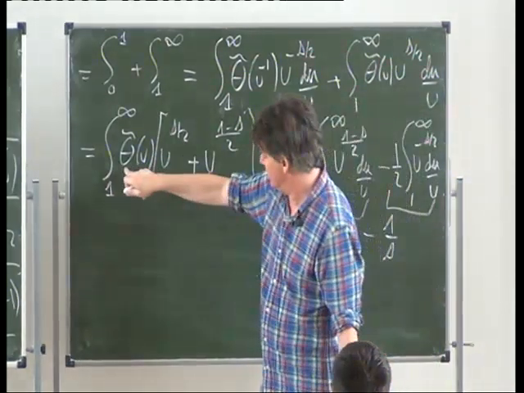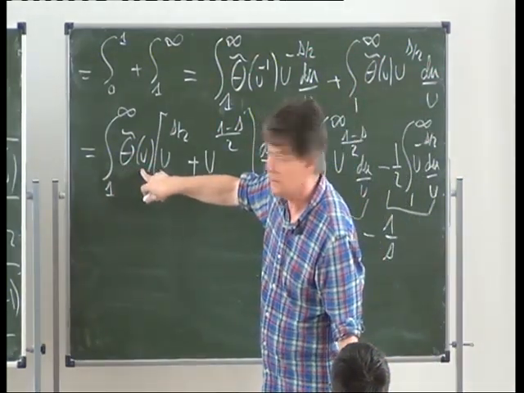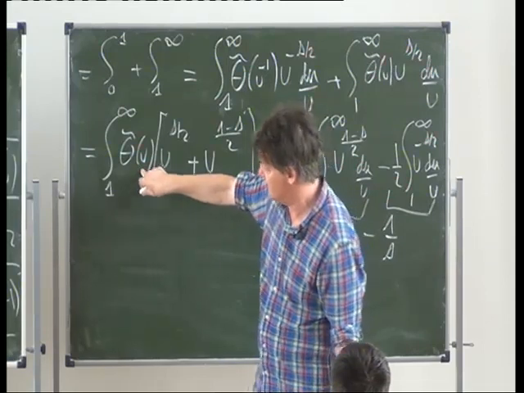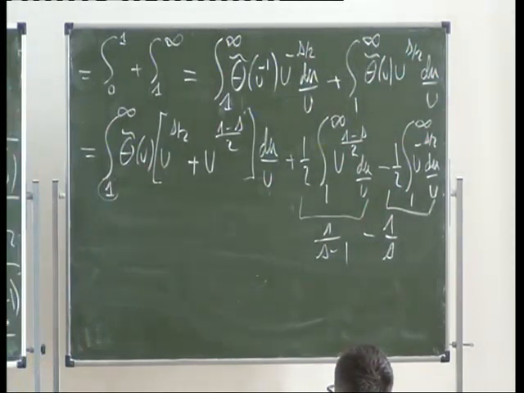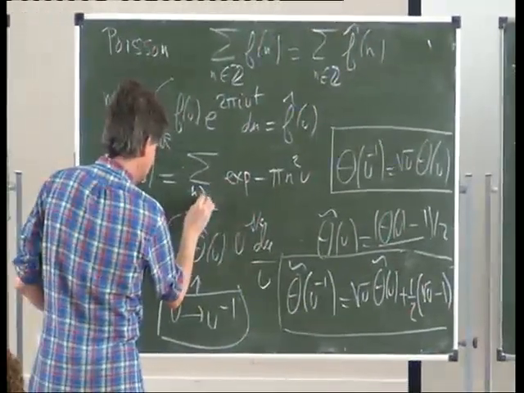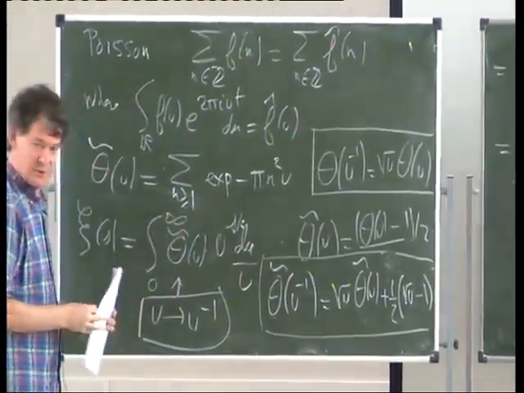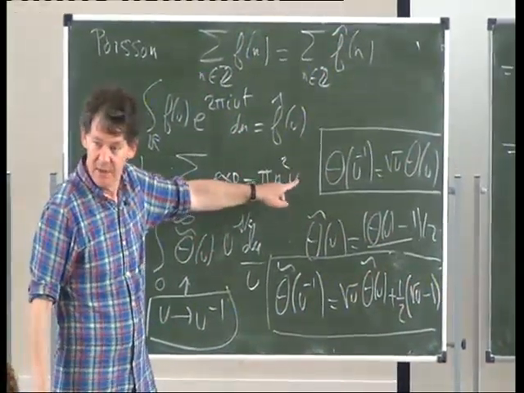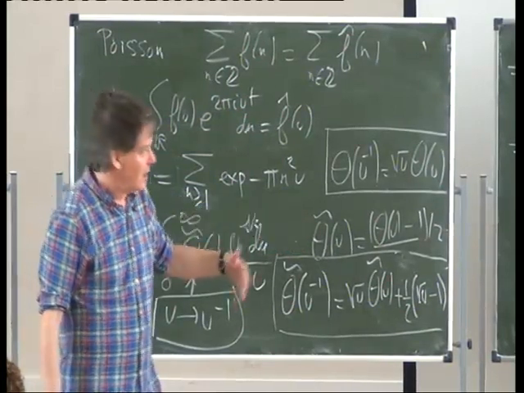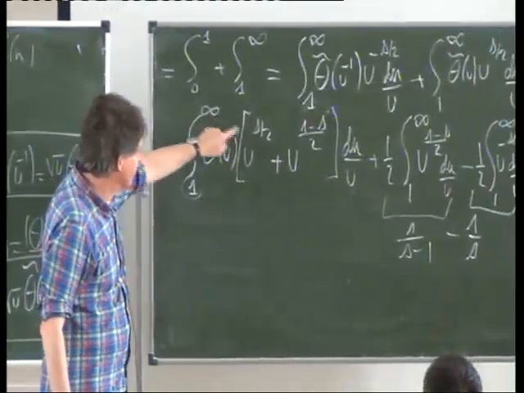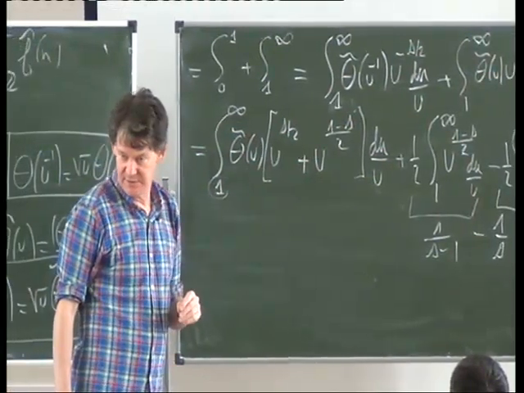Why is that? This function is bounded, the integral is bounded, there are no more singularities. And theta tilde is the sum for n at least 1, so when u goes to infinity, it is a function that decreases exponentially. Therefore, this integral at infinity is convergent for all values of s.